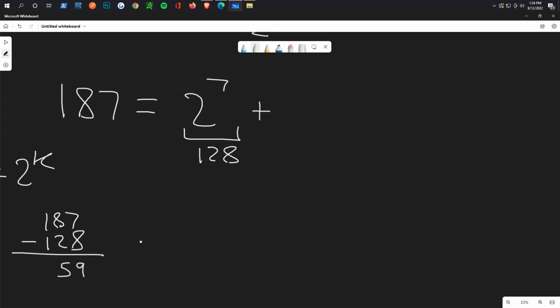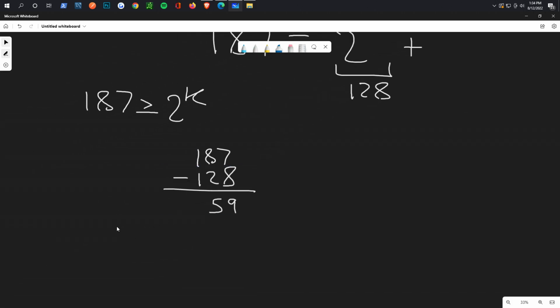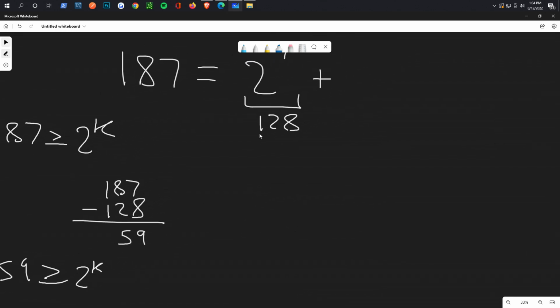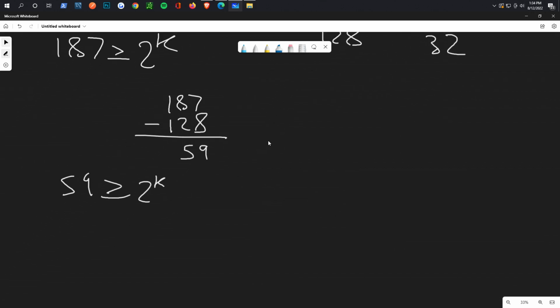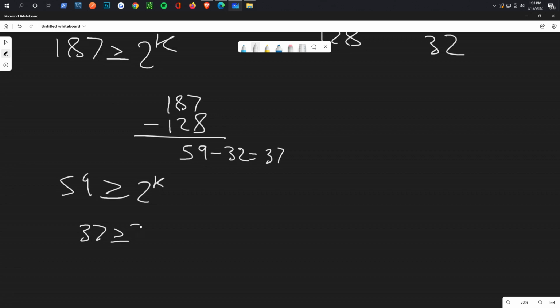Now we're going to apply the same thing. Let's find the biggest power of 2 such that this holds. That's going to be 32, so 2 to the 5. And now apply the same thing.